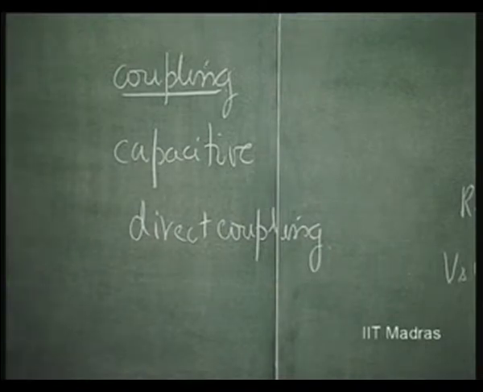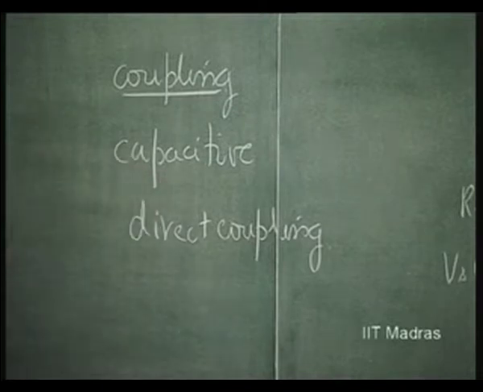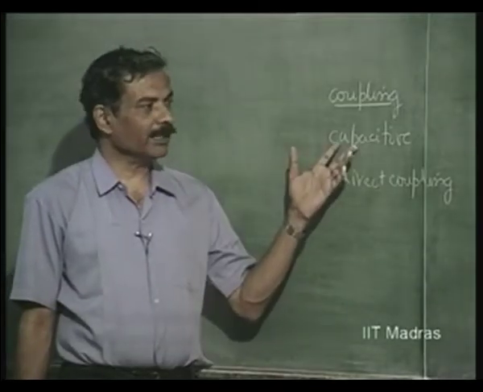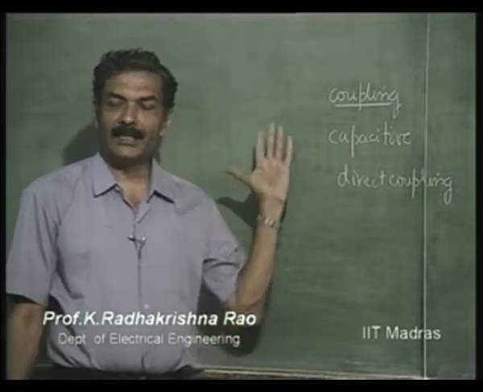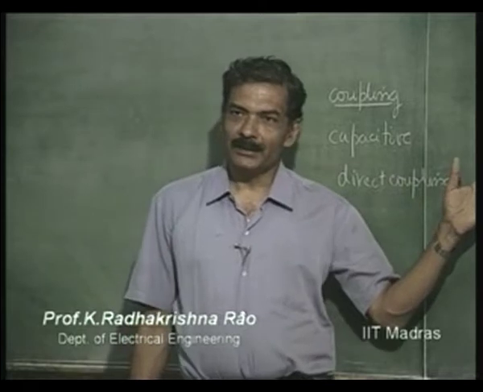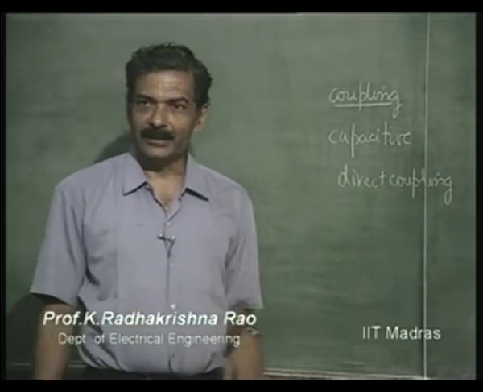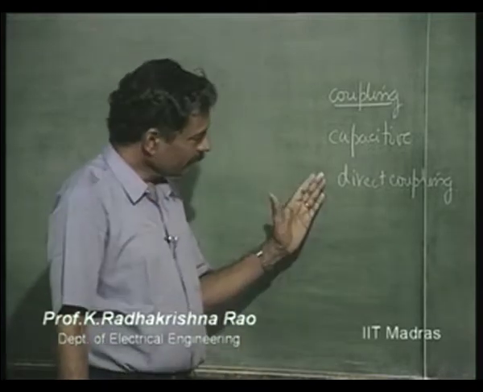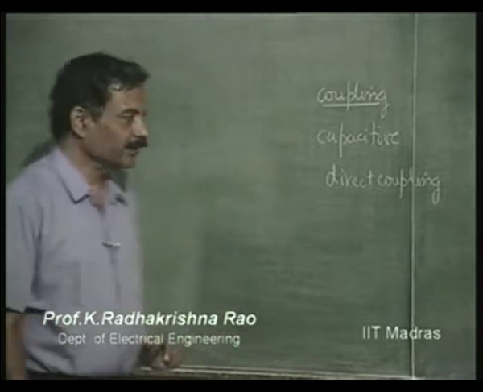Obviously, this capacitive coupling has this advantage that the operating point of one stage and the next one can be independently chosen, and this capacitor will isolate the DCs. Now, if it is direct coupling, let us illustrate this by taking an example.